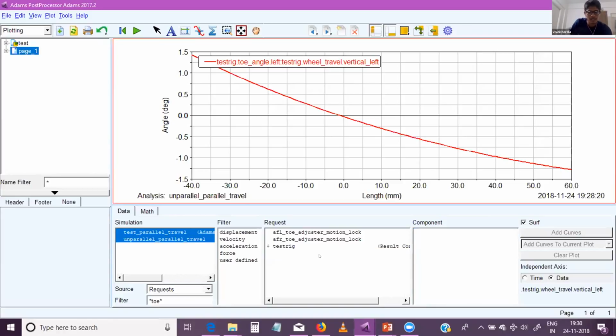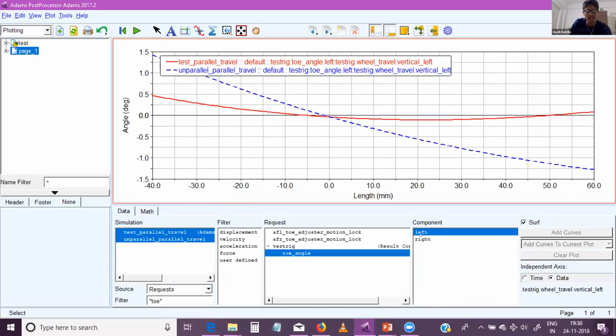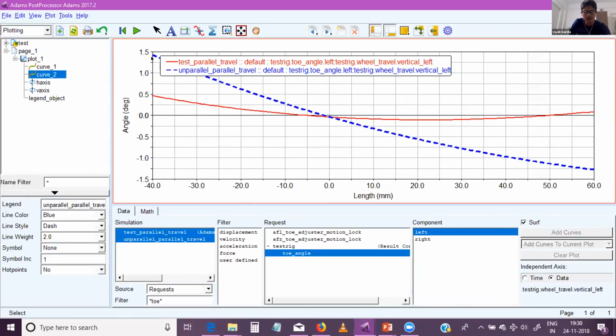Let us look at the test run that we had done, in which we had parallel links. Look at how we have minimized the amount of toe. In the earlier unparallel case, we had 1.5 degrees of toe, which is significant. Here we have 0.5 degrees, and I'm sure if we tune it a bit more, we can really dial it down to say 0.2.